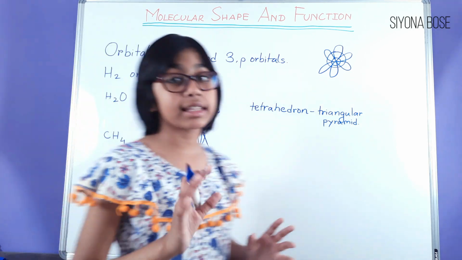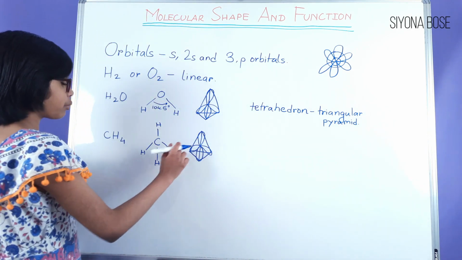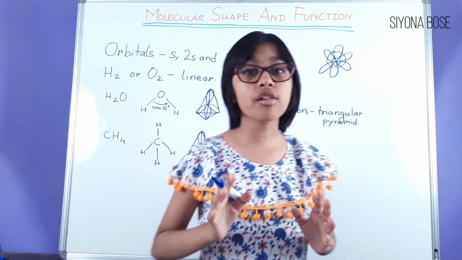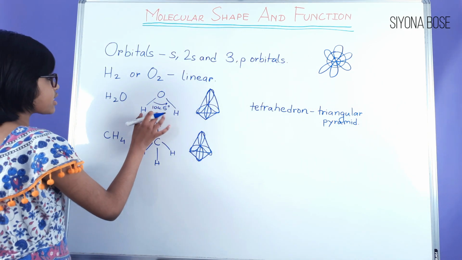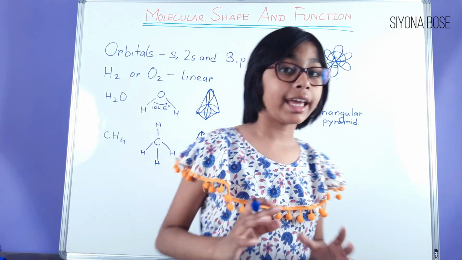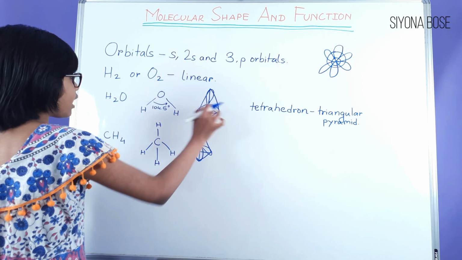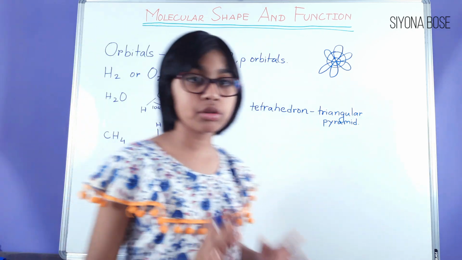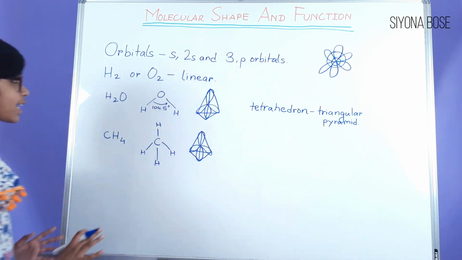If the C is in the center and we branch out the hydrogens, that also forms a perfect tetrahedron. In water it's supposed to have this 104.5 degree angle, because we have to consider the O and the 2 hydrogen atoms branching out, but in methane it's perfect.